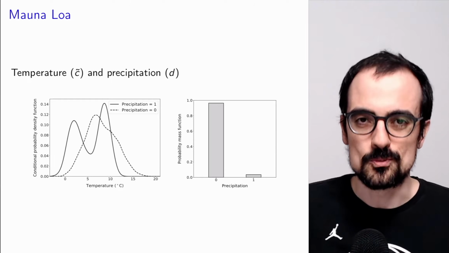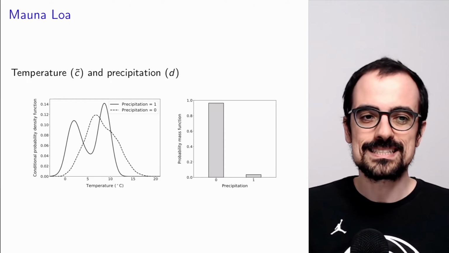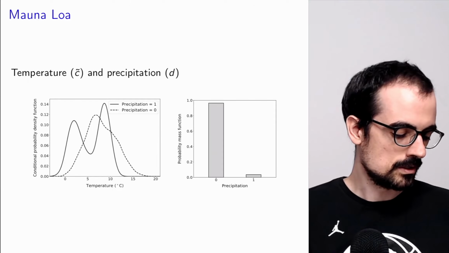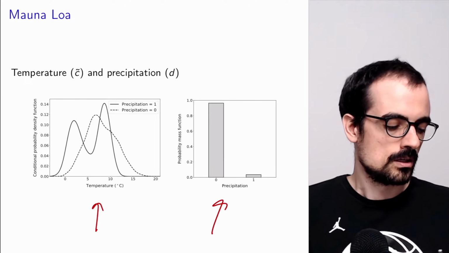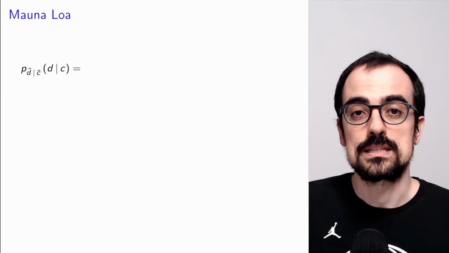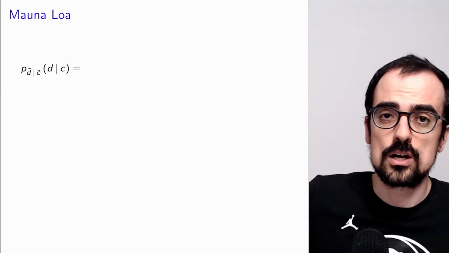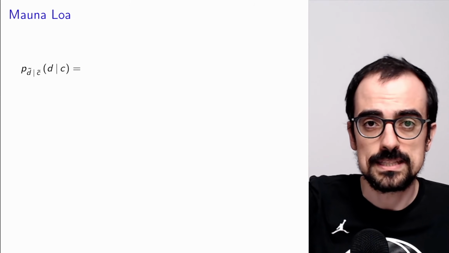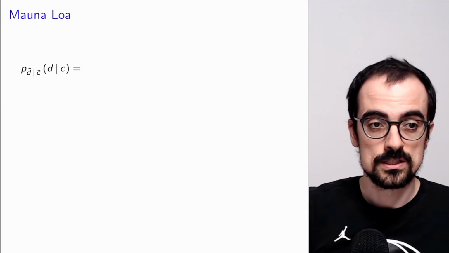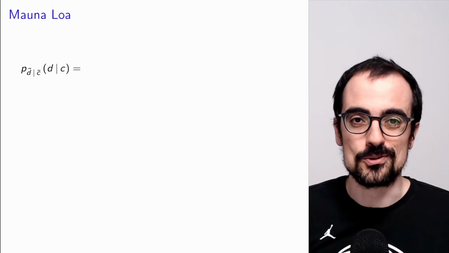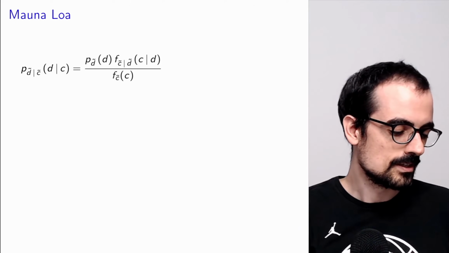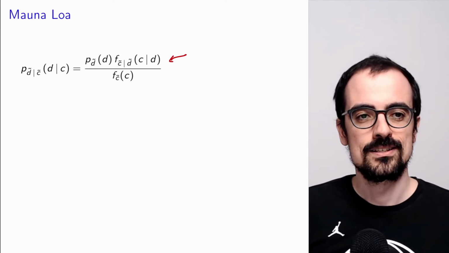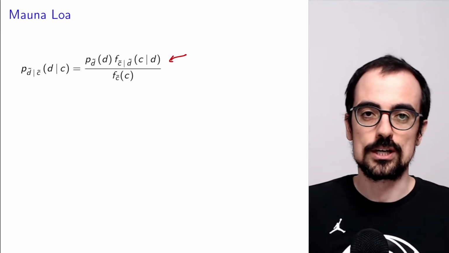So now let's go back to Mauna Loa. Remember that we had estimated the conditional PDFs from data, and we also had the marginal PMF. So what if we want to know the conditional probability that there's precipitation given different temperatures? We're going to apply our chain rule. So by the chain rule, we have this proxy of the joint distribution between them.